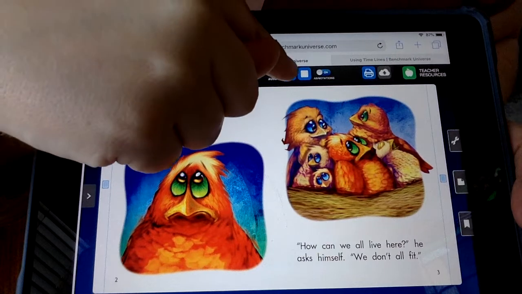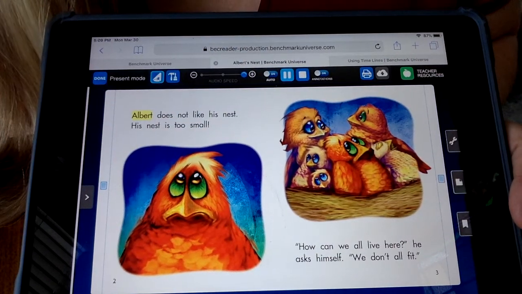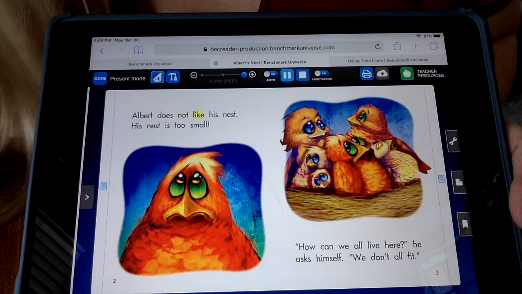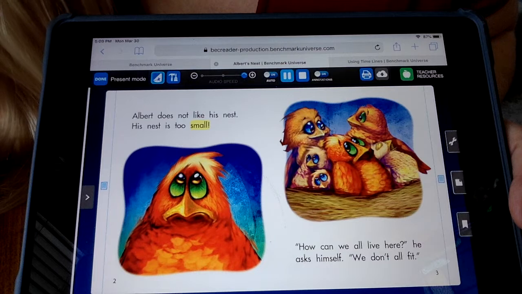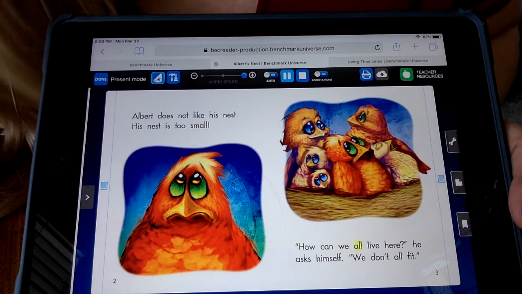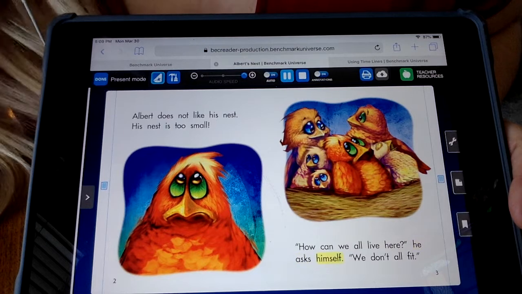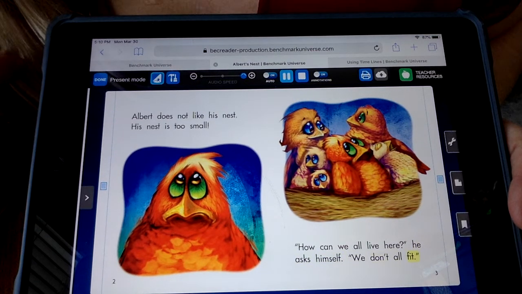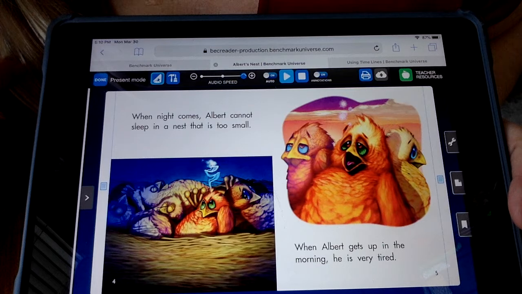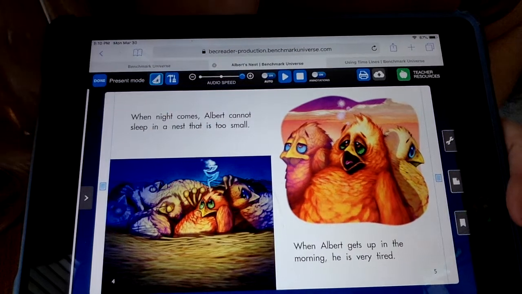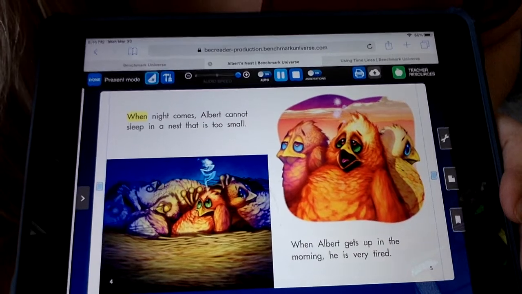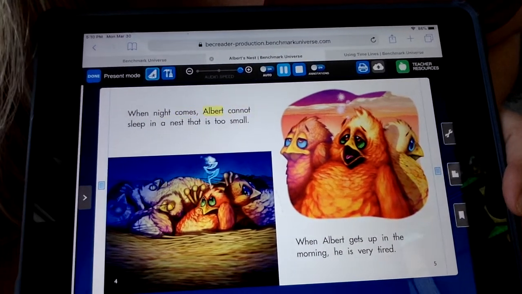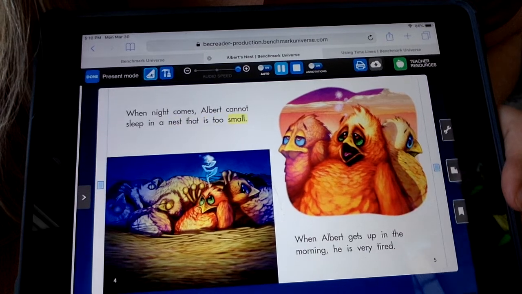Albert does not like his nest. His nest is too small. How can we all live here? He asks himself. We don't all fit. When night comes, Albert cannot sleep in a nest that is too small.